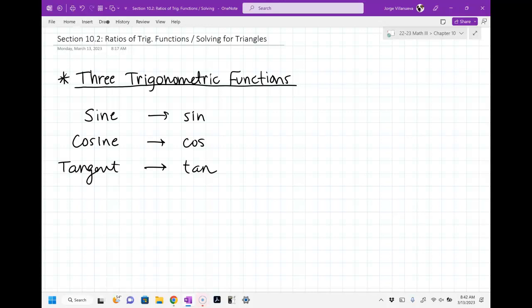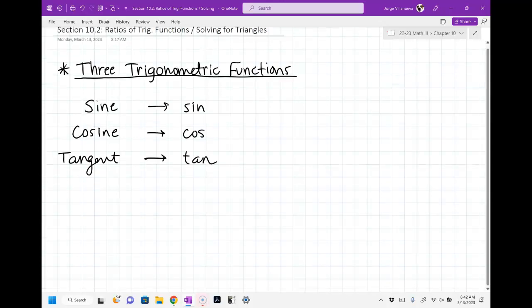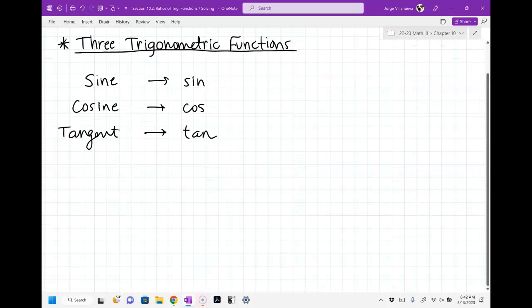Now, we're going to be using these to figure out values of triangles and things like that. But before we do that, I have to discuss their ratios. What do they mean in terms of a triangle? Let me draw a triangle here for us really quickly. We are going to deal with right triangles, which are triangles with a right angle.